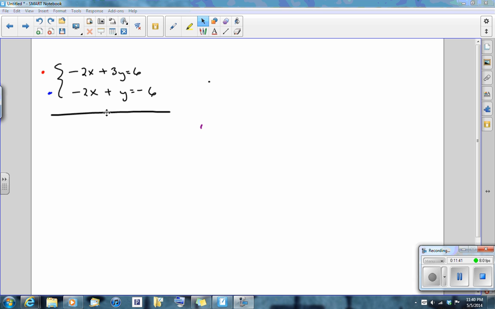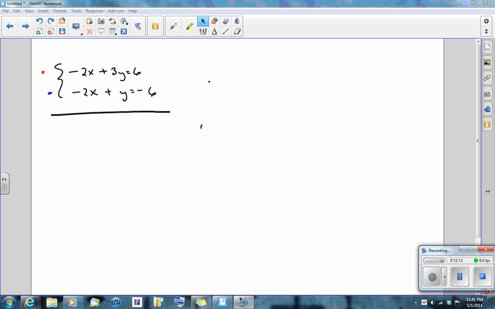So we want to solve it by combining. What we can do here is look for any terms that, if we were to add or subtract, would eliminate or combine and go away by zeroing out. In this case, no, because if I add the two x's it will be -4x, and if I subtract, well, actually that will work.